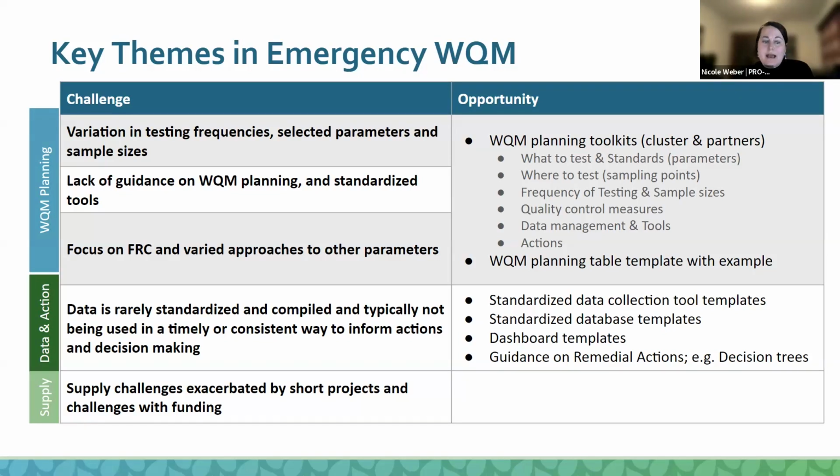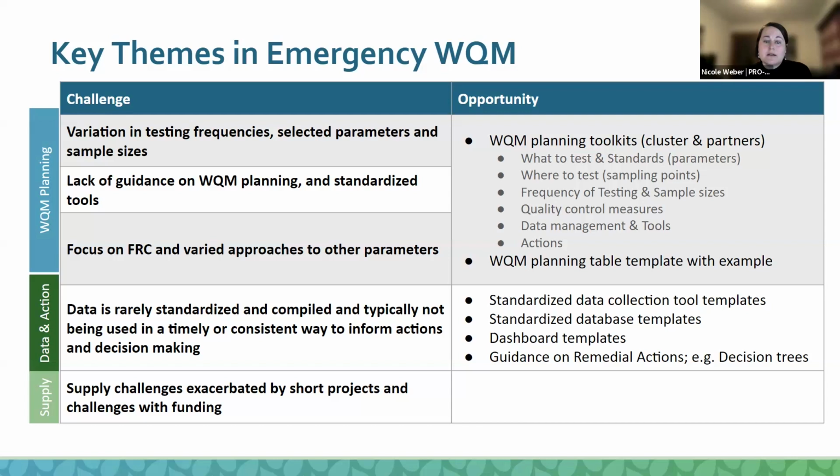When it comes to data and action, data is rarely standardized and compiled, and often is not being used in a timely or consistent way to inform actions and decision making. And then the third bucket, supply chain challenges are a challenge, and this is worsened by short projects and challenges with funding.